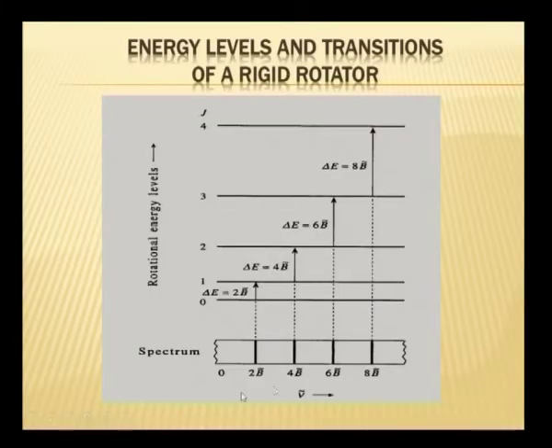I was asking you the question, where are the discrete states or the adjacent states? Now, the adjacent states are found here. J equal to 0, you have the energy state here, at the top J is here, 0 is here, 1 is here, the delta E will be 2B, again the energy difference will be 2B, again here is 4B, 6B, 8B.